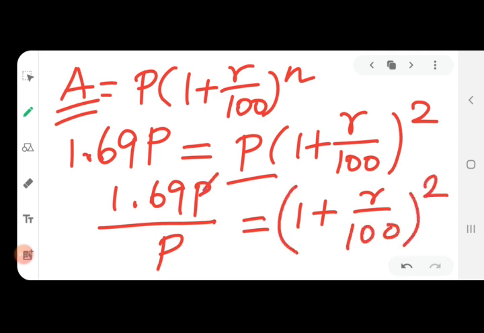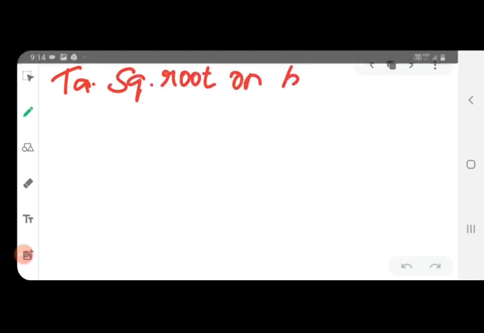Now this principal value P will be cancelled. Here we have to take square root on both sides, because here the power is 2, so we have to take square root on both sides.